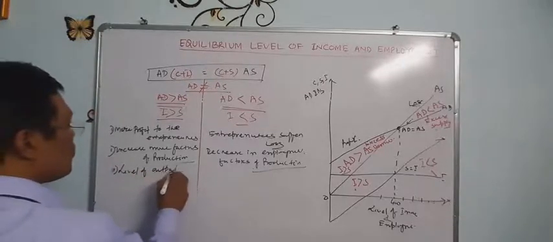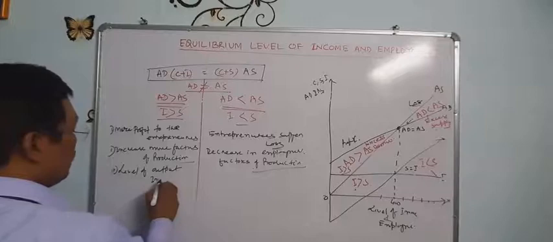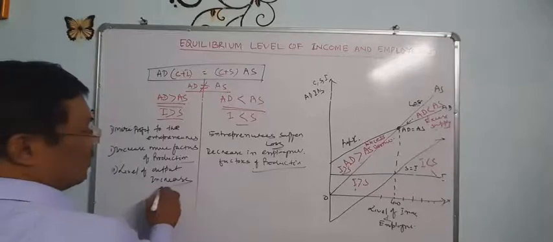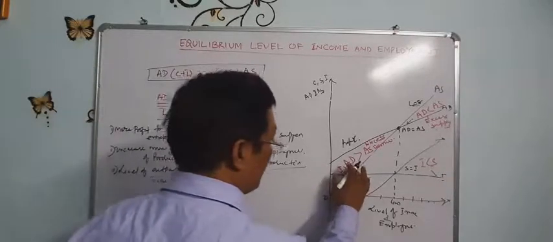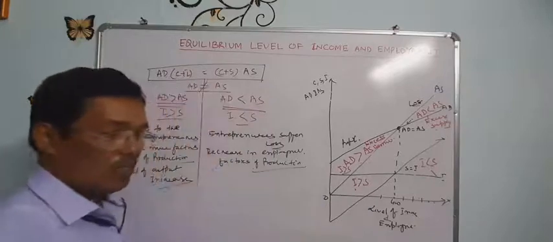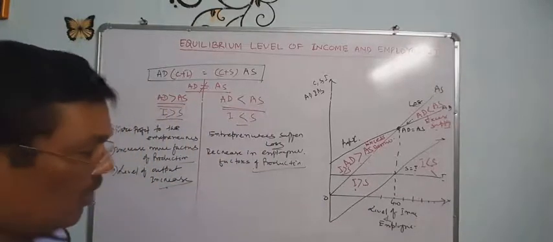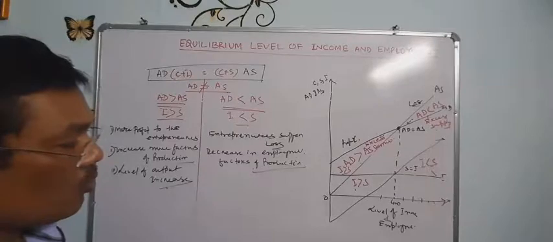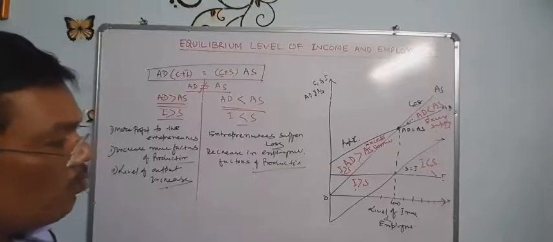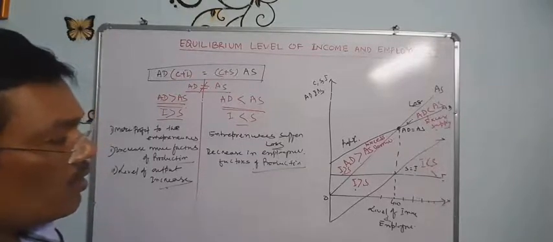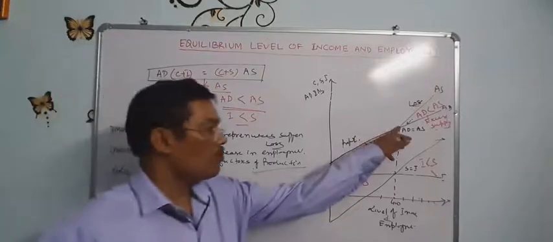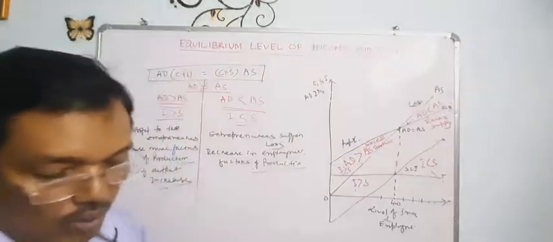It means more production will be there. Because the demand is more at the market price, the producers will intend to produce more and more output. That is why they will reach the equilibrium position where AD equals AS.